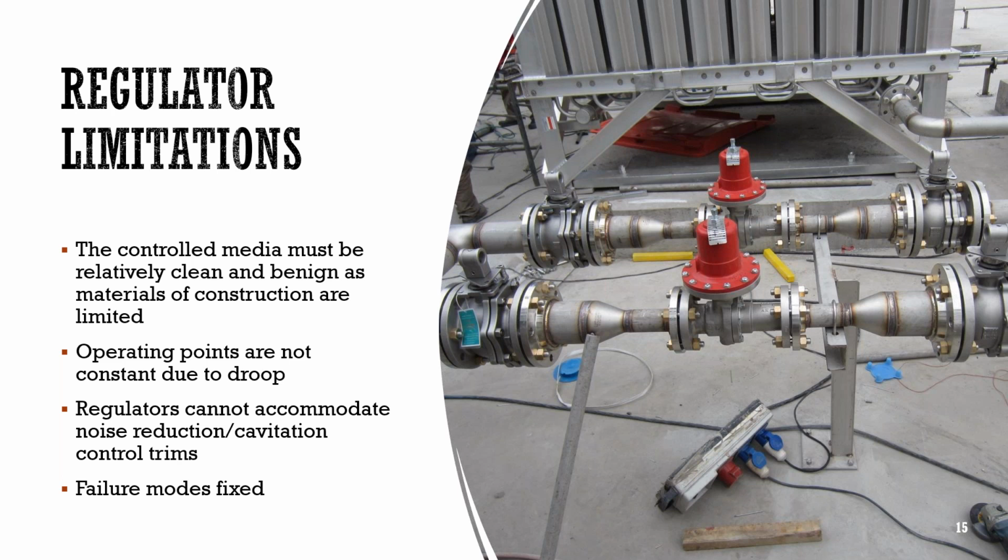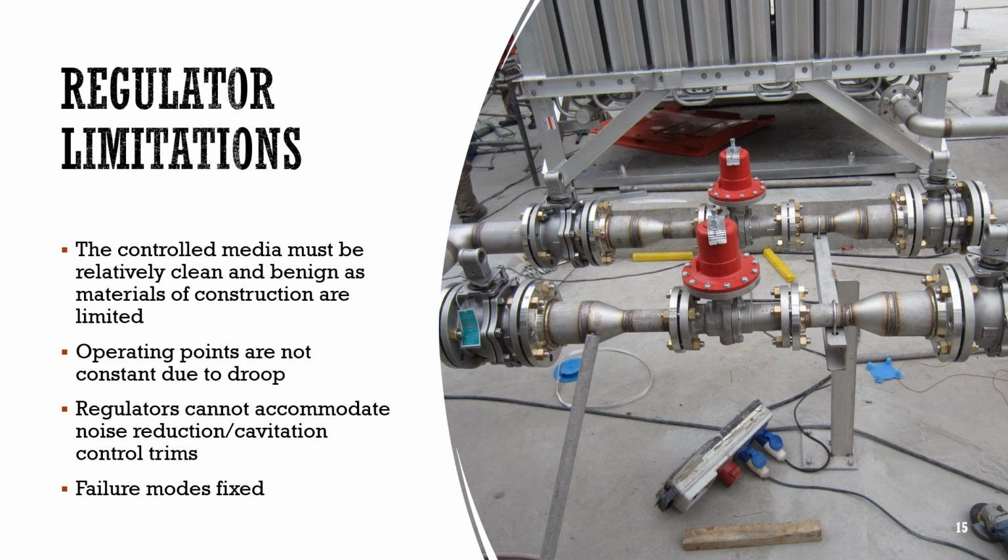But materials of construction, a lot of companies will actually manufacture regulators using high alloys. So it's not a standard, but we will make them out of Inconel, alloy 20, Hastelloy.